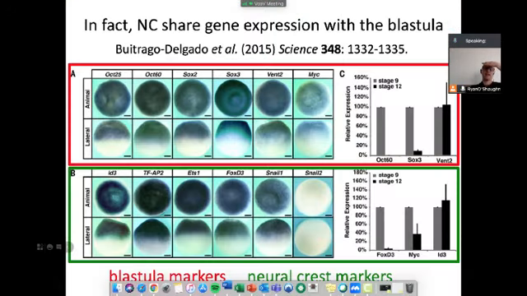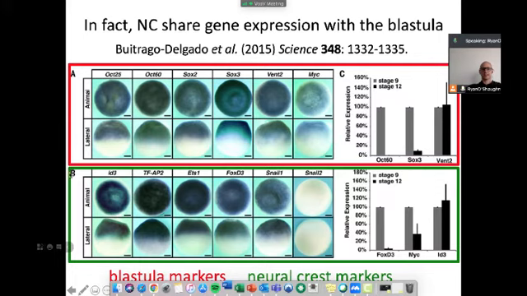And so how can you look at that? So these people looked at how the neural crest shares gene expression with the blastula. And how was this done? Well, here we have our animal aspect and our lateral aspect. We're doing an in situ hybridization for genes that are blastula markers and genes that are neural crest markers.